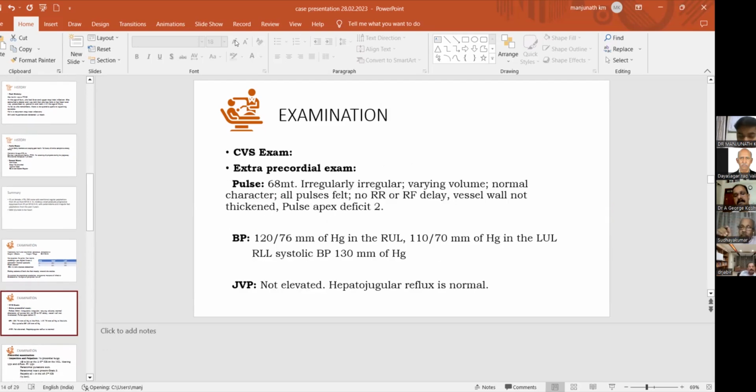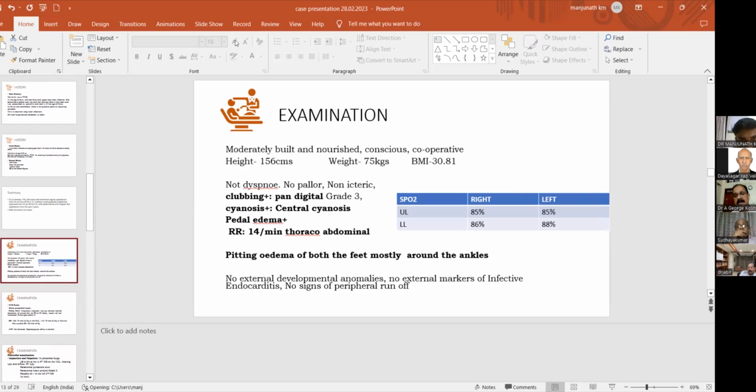Can you just stop there? Sir, you said central cyanosis is very prominent, and then you are giving the saturations as 85%, assuming that the hemoglobin is normal. Is it possible? Keeping the hemoglobin normal and 85% saturation, it is very difficult to see the cyanosis, sir.